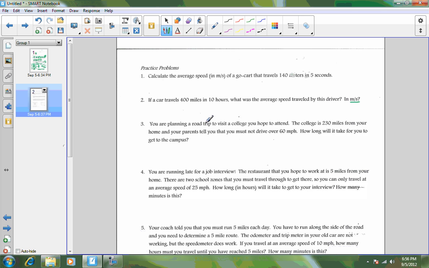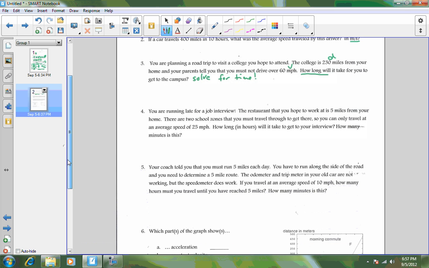On number 3, the question is asking you, how long will it take for you to get to a college campus? You're given 230 miles, that's distance, and you're given 60 miles per hour, that's velocity. So in this case, you're going to solve for time. Just like we did in example C with Tiffany's situation.